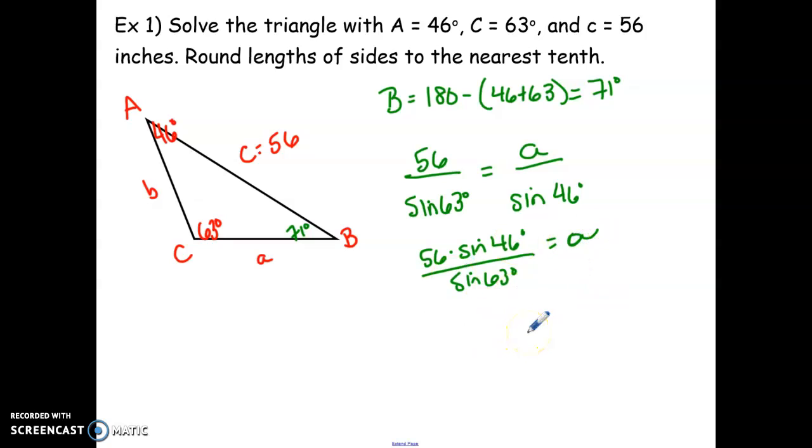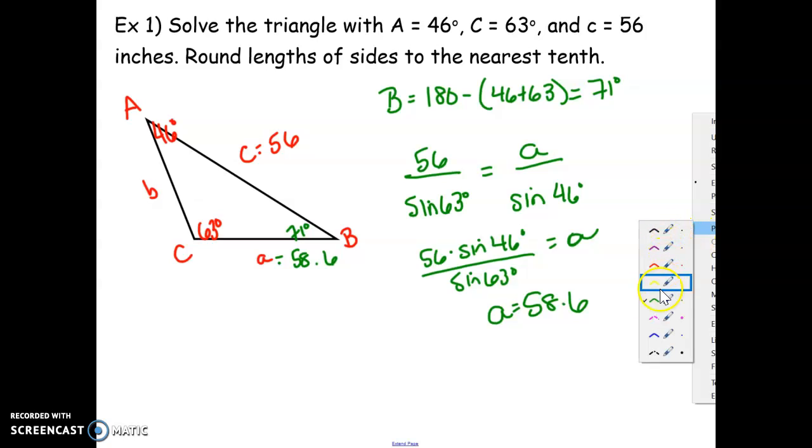Make sure your calculator is in degree mode before you do this, and go ahead and type that in, and you should get that side A is equal to 58.6. And then we're going to do the same thing for side B and set up a proportion.